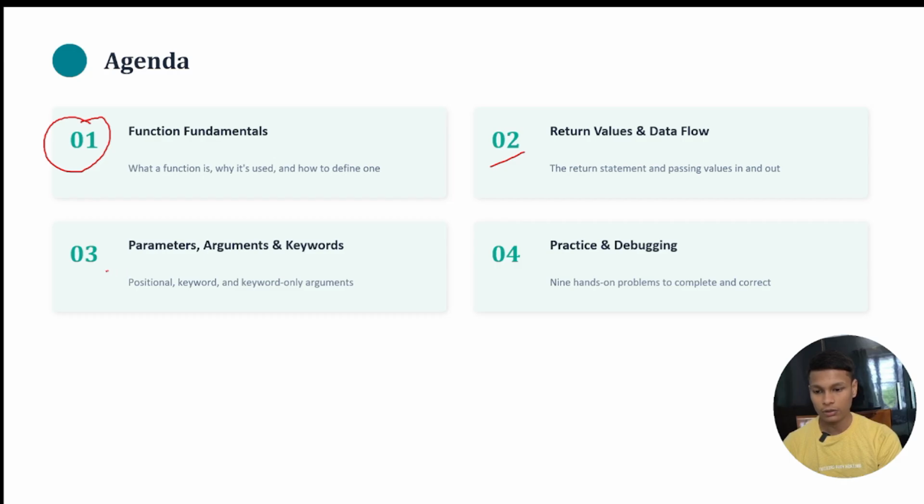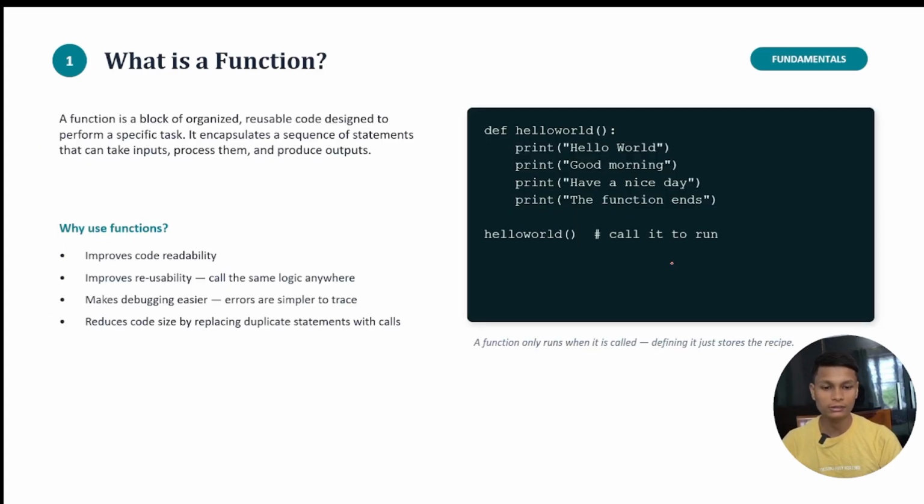After that we go with parameters, arguments, and some keywords. After completing all three parts, we go with a very important thing, which is practice. Practice and debugging: we are going to check whether the written code was correct or not. If wrong, you have to write the correct one. So let's start with our video.